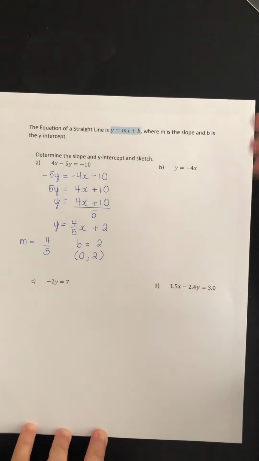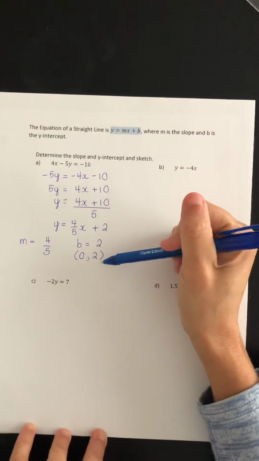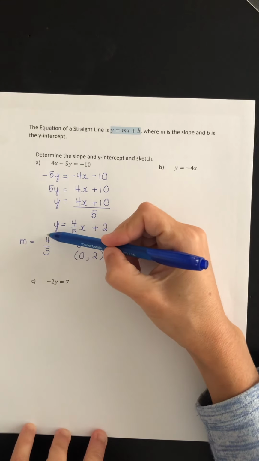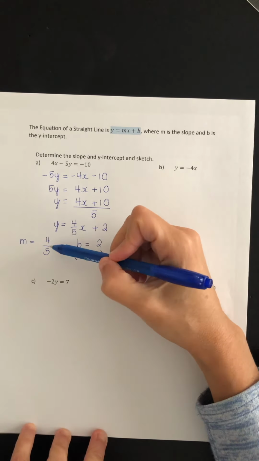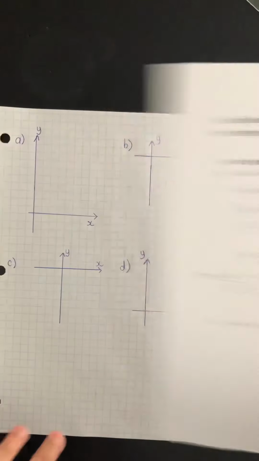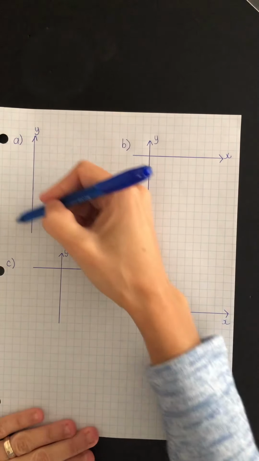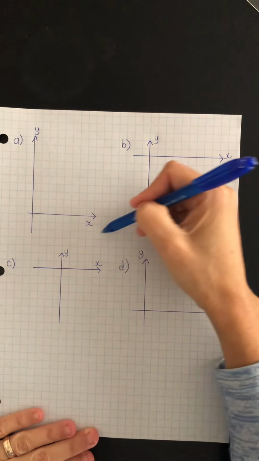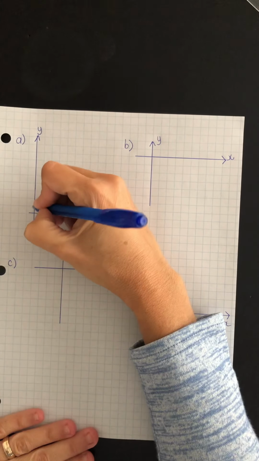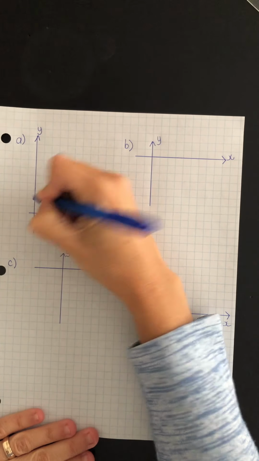Okay, so let's try that sketch now. So I'm going to locate the point 0,2 and then apply a rise of 4 and a run of 5. Okay, so I've already pre-sketched the axes. So again, we're starting at the point 0,2. That's right here on my graph.